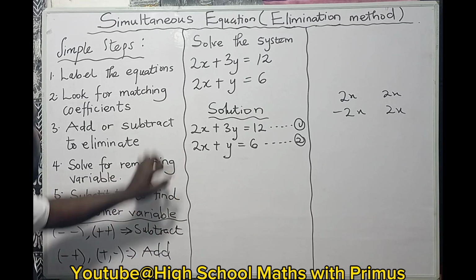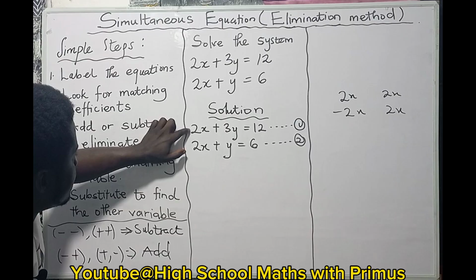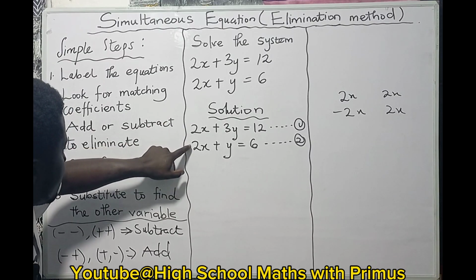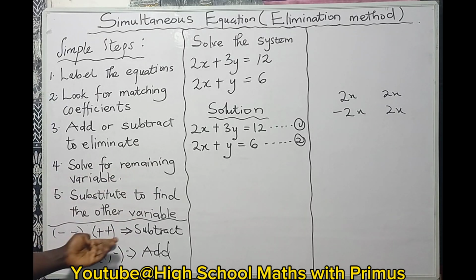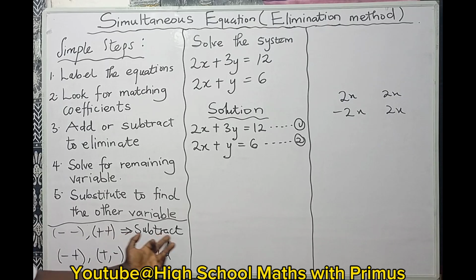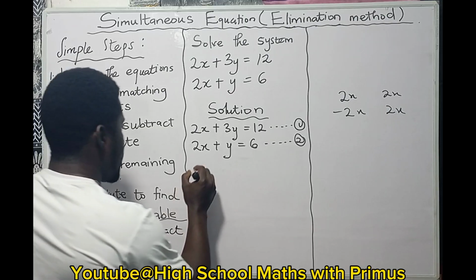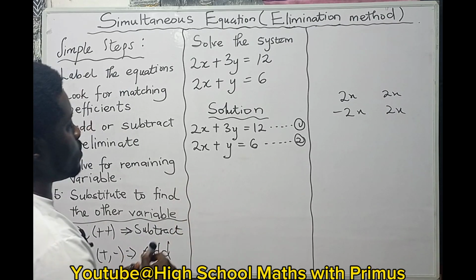In this case, the coefficient here is having plus, and the coefficient here is also having plus. It means that it qualifies in this first stage. So we are subtracting the two equations. So let's write it. We are subtracting equation 2 from equation 1.